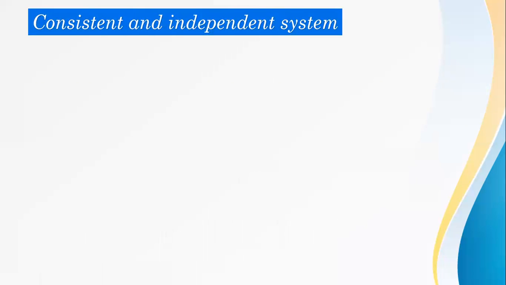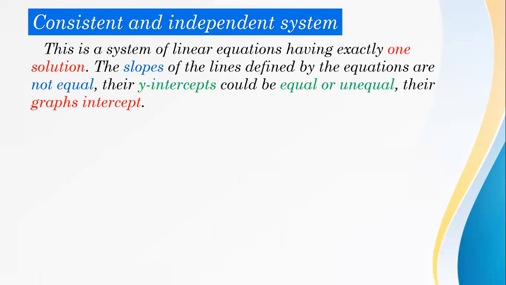Consistent and independent system. This is a system of linear equations having exactly one solution. So we have one solution. The slopes of the lines defined by the equations are not equal. So the slopes are not equal. Their y-intercepts could be equal or unequal.